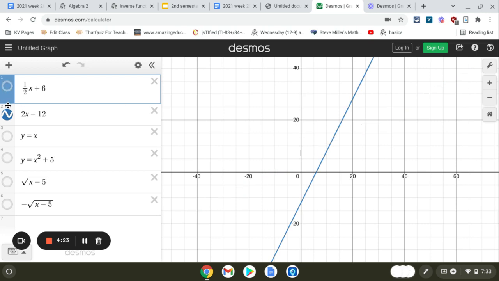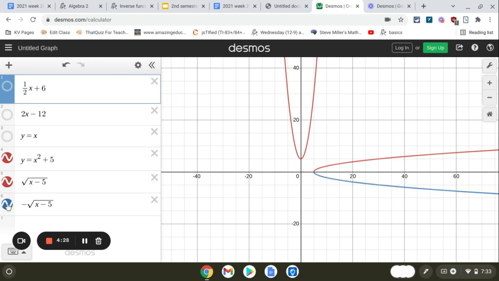But if you look at the quadratic one and its inverse, that's not going to be the case. Of course, the original quadratic is a function. It passes the vertical line test. Everywhere you draw a vertical line, it just crosses one time. But its inverse is not a function. If you draw a vertical line right here, you see that it's going to intersect twice. That's because this function, or this relation, I should say, gets confused.